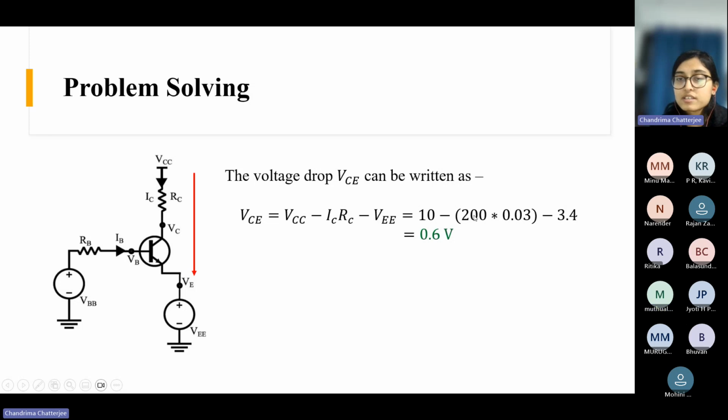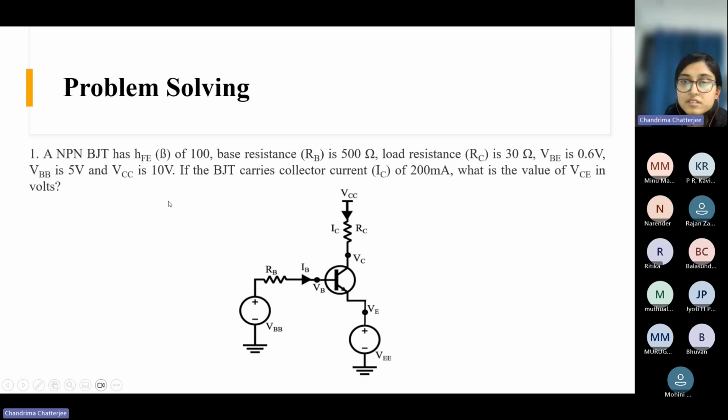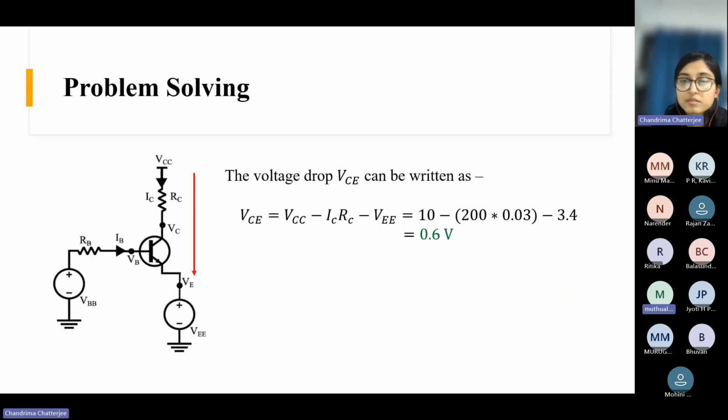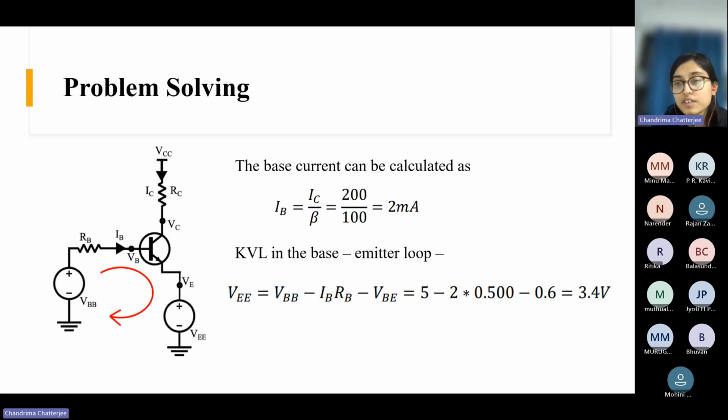So 10 minus 200 milliampere times this resistance, which was given 30 ohm, converted to kilo ohm, that's why 0.03, and minus the VE value that we already calculated as 3.4. So this comes out to be 0.6 volt. Is this okay? The steps are okay, right? Yes, ma'am. Okay.